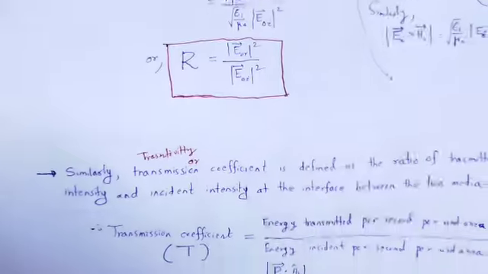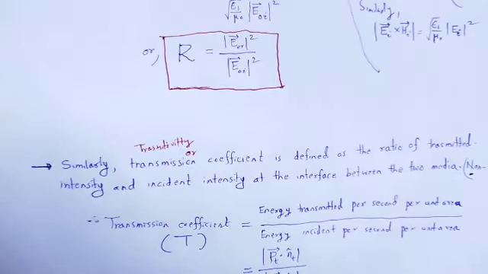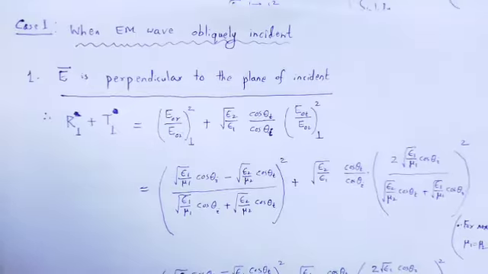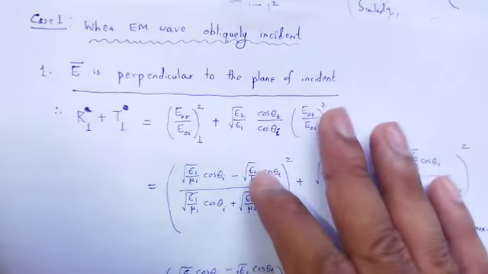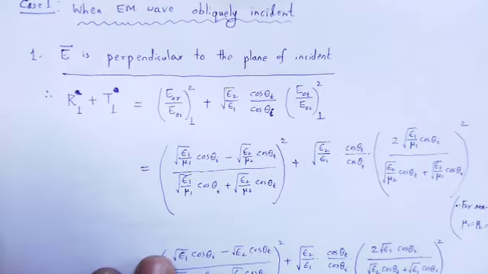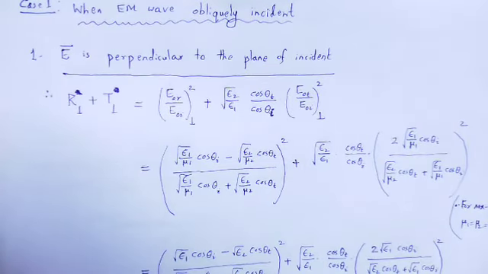First we take the obliquely incident situation. When the electromagnetic wave is obliquely incident, either the E vector is perpendicular to the plane of incidence or the E vector is parallel to the plane of incidence.